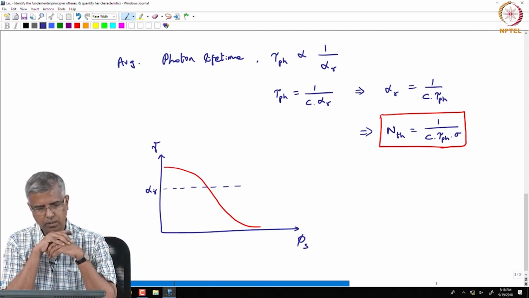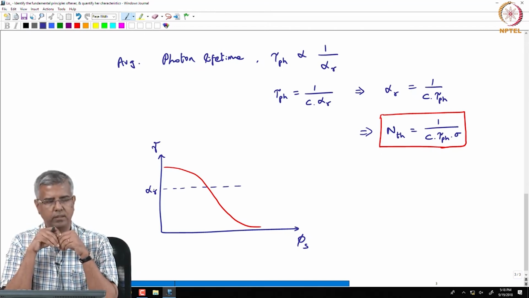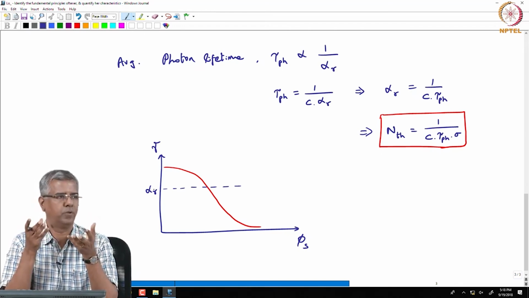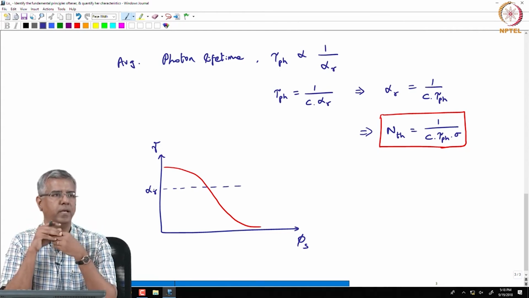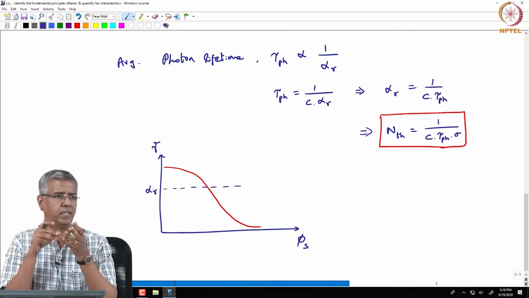So, I turn on the laser. When I turn on the laser, I am pumping some photons which are getting absorbed in the gain medium, and that absorption results in the emission of certain photons spontaneously.